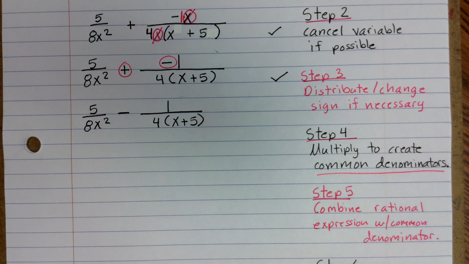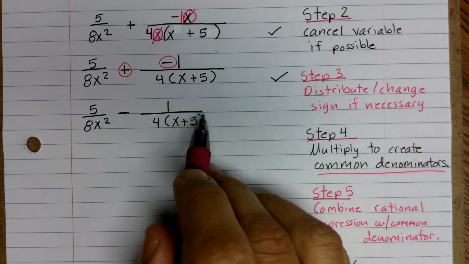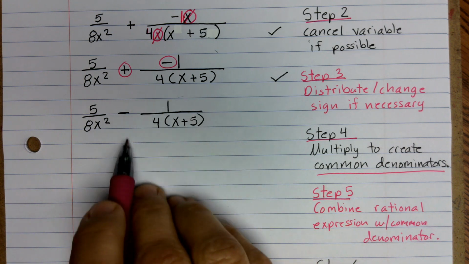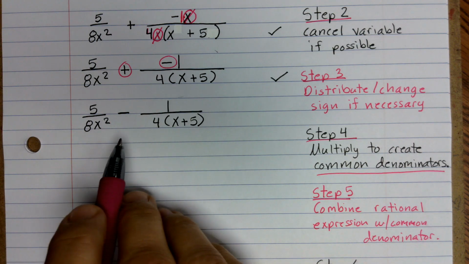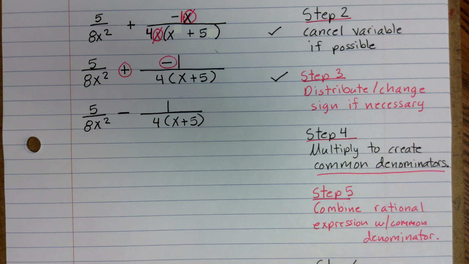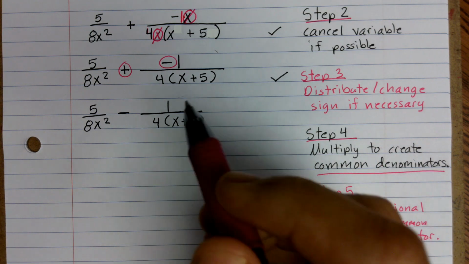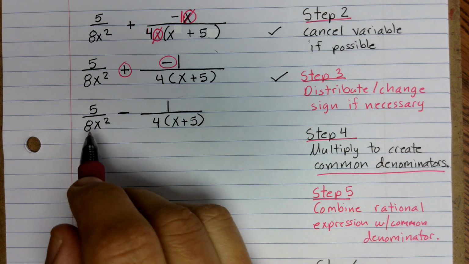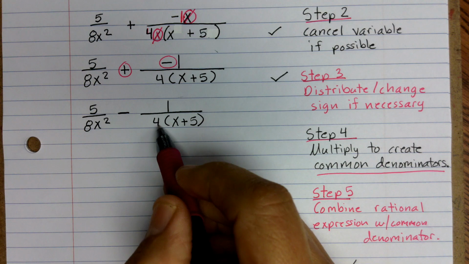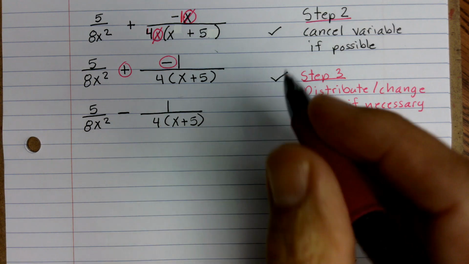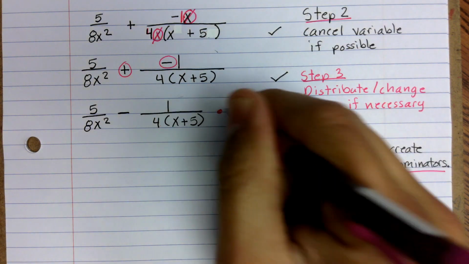So what I'm going to do to make it a common denominator is multiply this right side by what I need in order to get the denominator to be the same as the left, and vice versa. So I'm looking at this and I'm going, if I need to get this 4 to become 8x squared, I have to think about what I need to multiply 4 by to get 8. I'm going to put my multiplication sign.